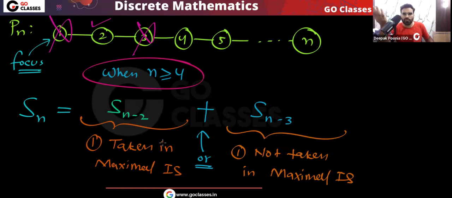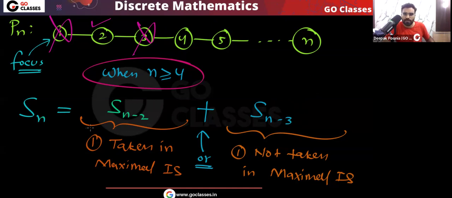So we have path graph on one vertex, path graph on two vertices, path graph on three vertices. We don't have a path graph on zero vertices. So that is the reason this recurrence relation will work for n greater than or equal to 4. Is this clear to everyone? Let me know. This recurrence relation will not work when you put n equal to 3 or n equal to 2, because if I put n equal to 2, then S2 will be equal to S0 plus S minus 1, meaning you have a path graph on minus 1 vertices.